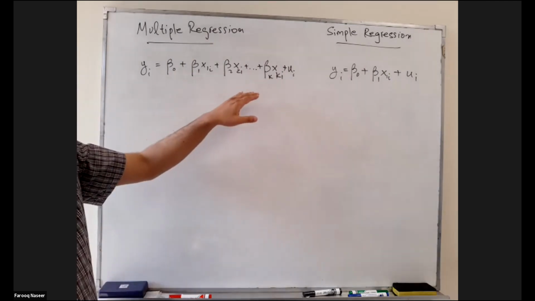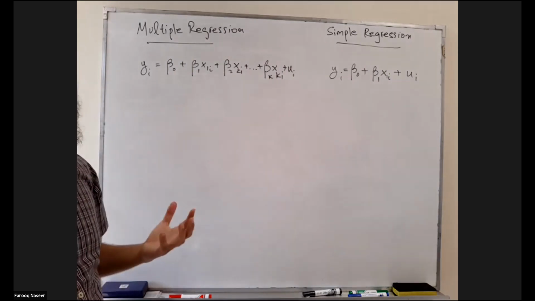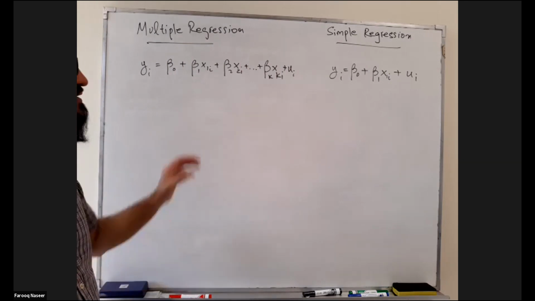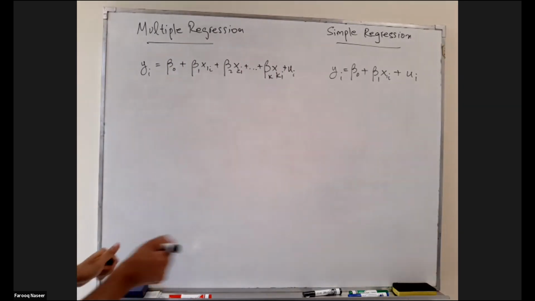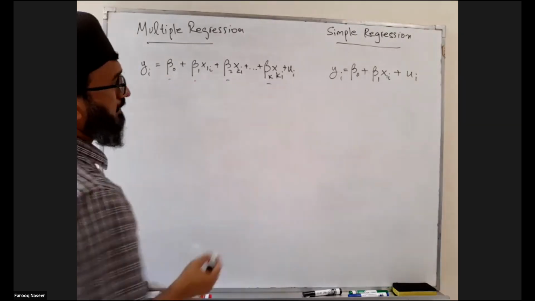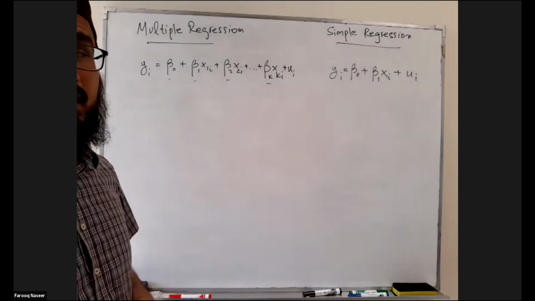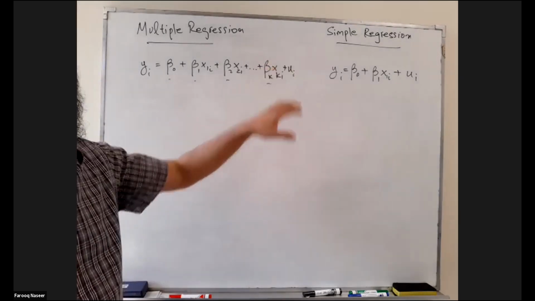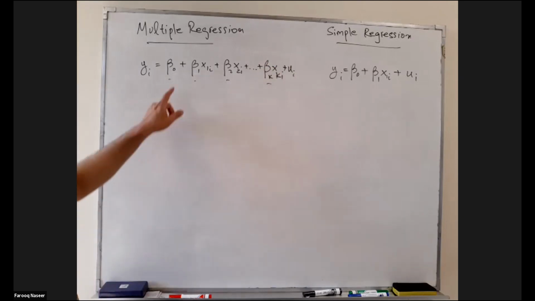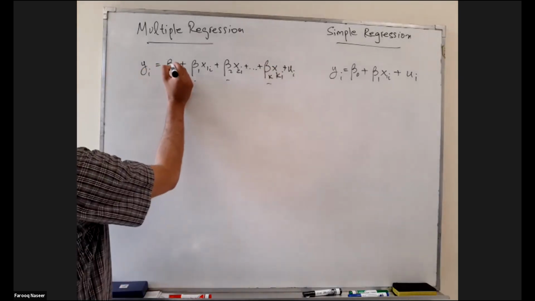This is the general form of writing a linear multiple regression. A multiple regression that is linear in its beta coefficients. So each beta coefficient comes separately with an x variable term, right? With an x variable attached in this model. In the case of beta 0, obviously there's no x variable.